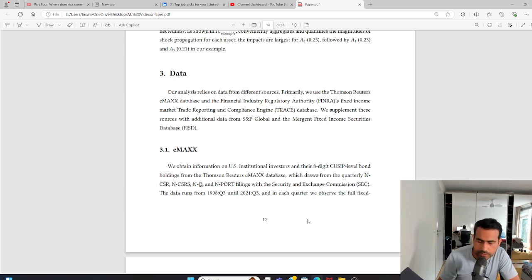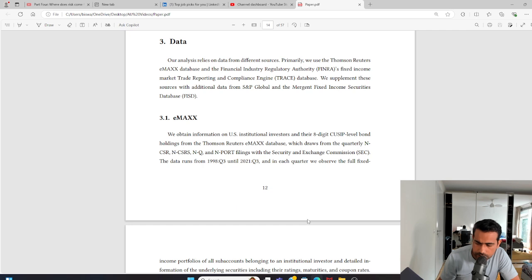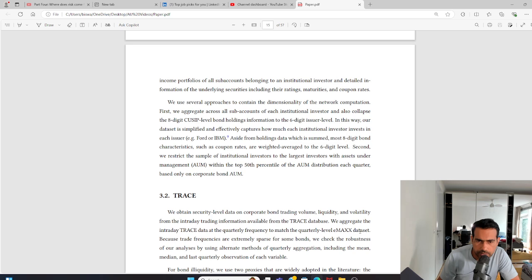You can also understand the step by step process of doing the research and what the authors have done. So that's something you could do, but make sure that you have access to the right data.